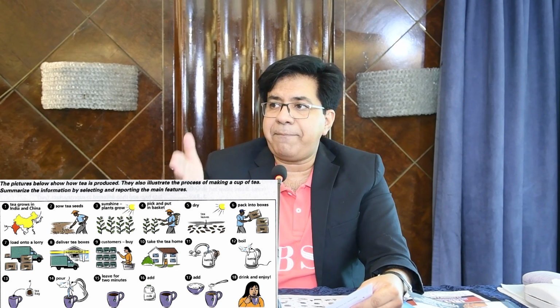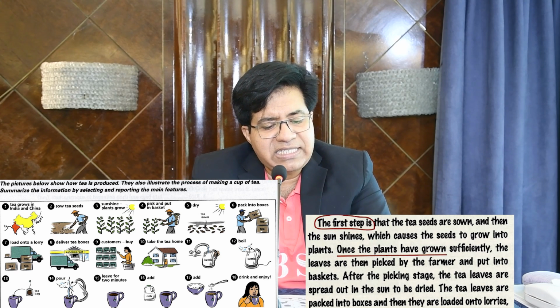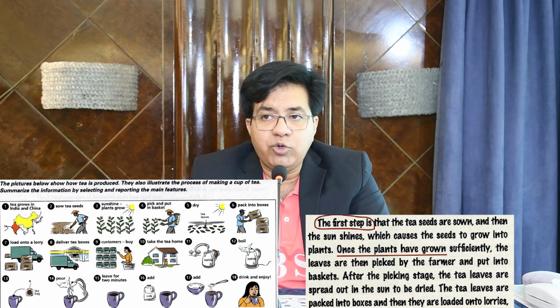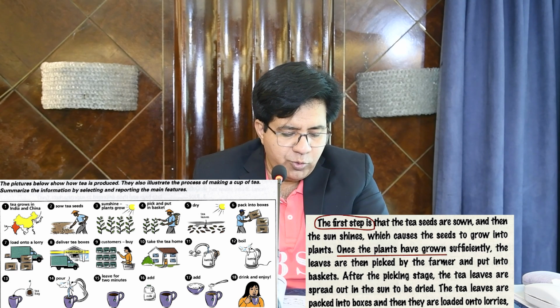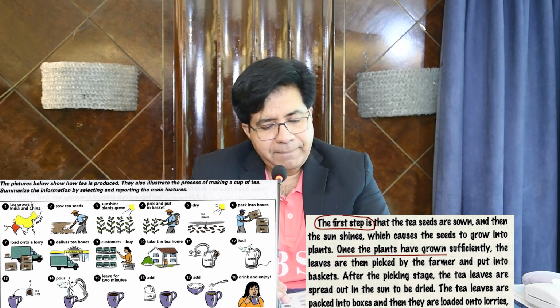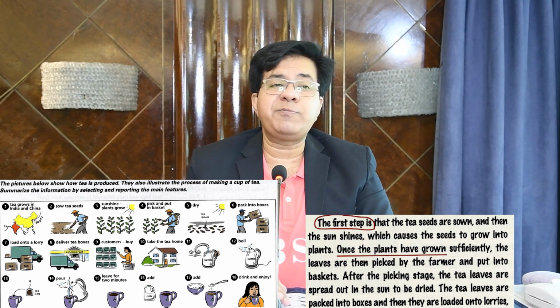The first step is, copy that. The first step is that the tea seeds are sown and then the sun shines, which causes the seeds to grow into plants. Steps number 1, 2 and 3 go in one line. Next, once the plants have grown, this is present perfect.